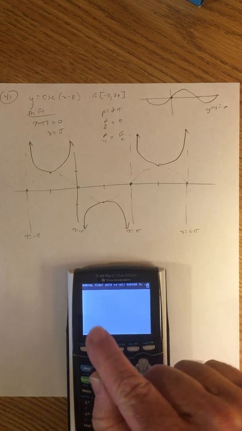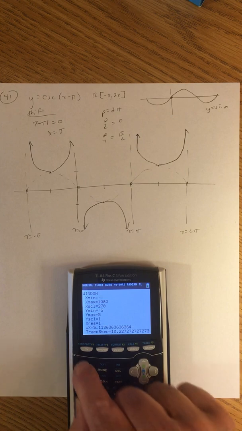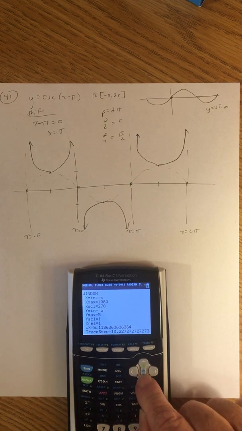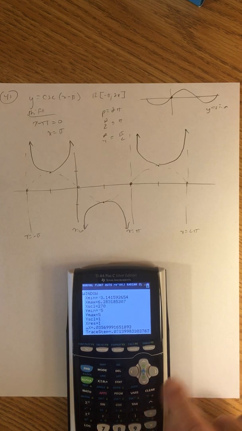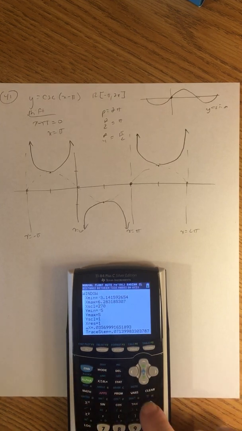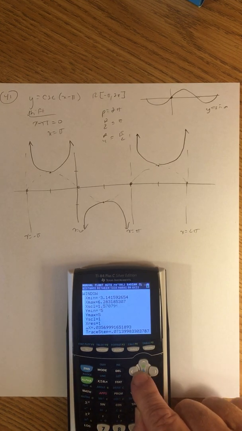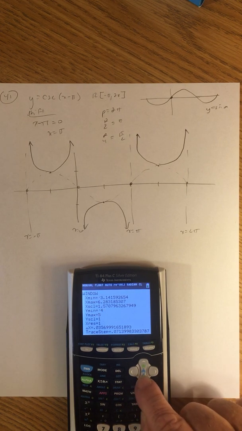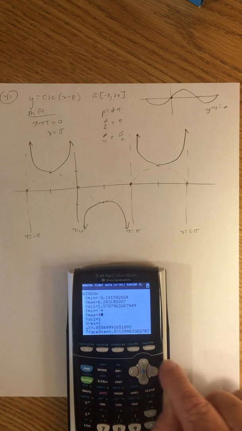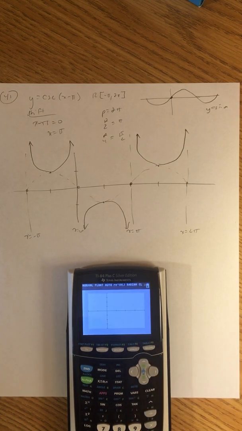In the window, negative pi to 2 pi. Tick marks at pi over 2. Let's go negative 4 to 4. Should be good. And here we go.